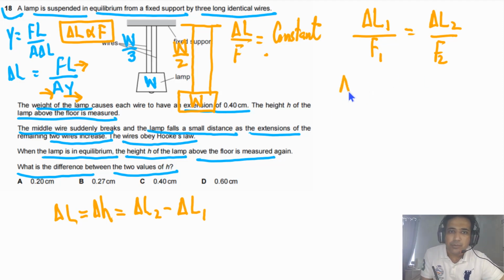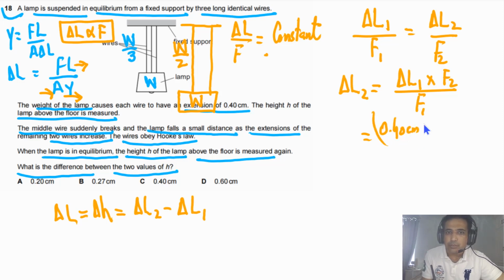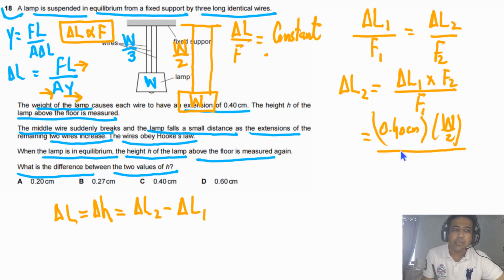So delta L2 has to be equal to delta L1 times F2 divided by F1. We have the value of delta L1, that is 0.40 centimeters, and F2 is equal to W by 2, and F1 is W by 3.